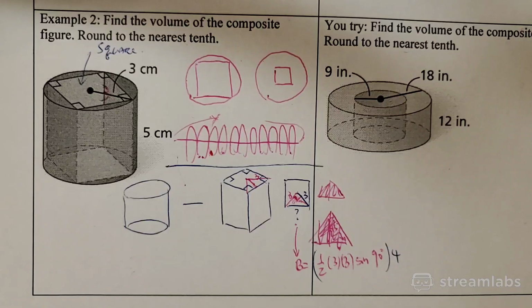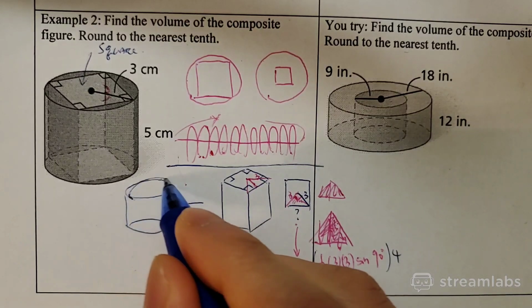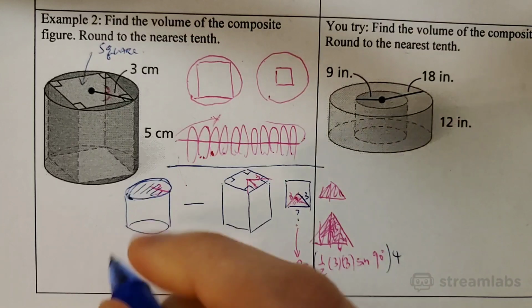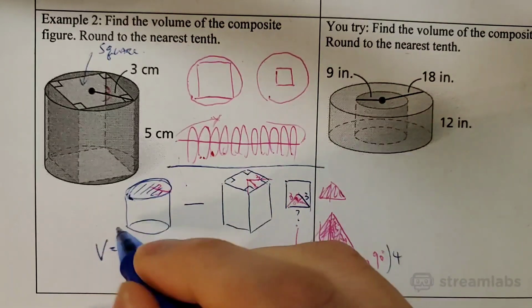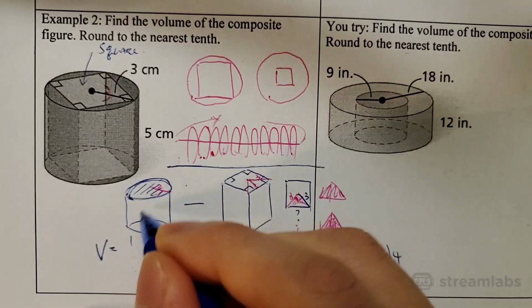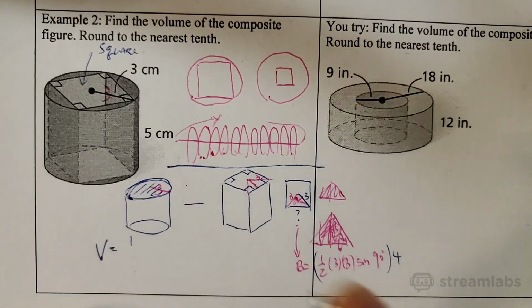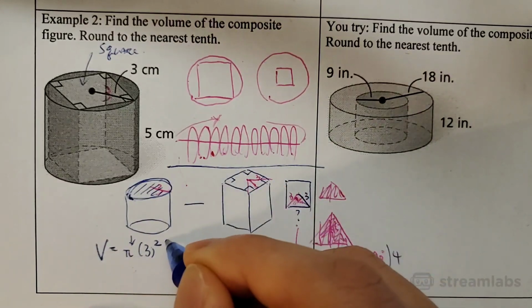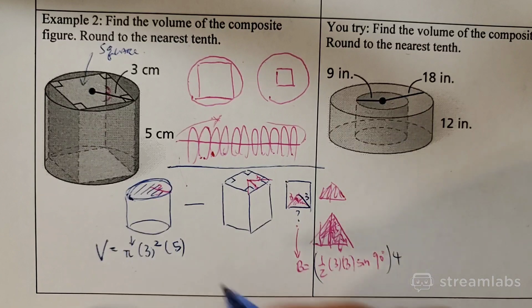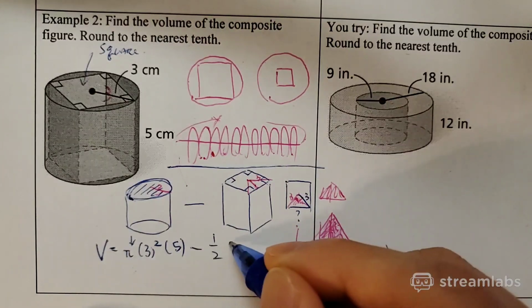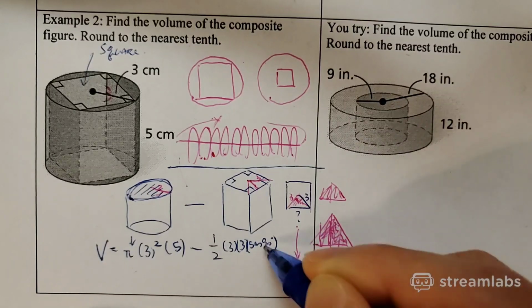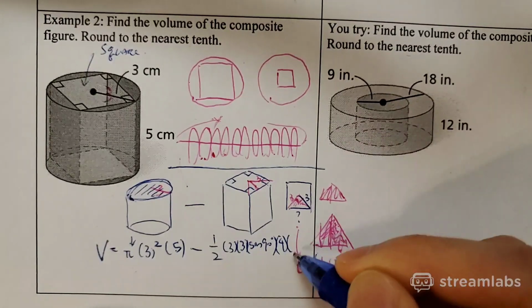The base area of the circle is obviously the circular area, and the radius was 3, same radius, 3. So the volume will be pi r squared, height is 5, minus 1/2 times 3 sine 90 times 4, and then times 5.